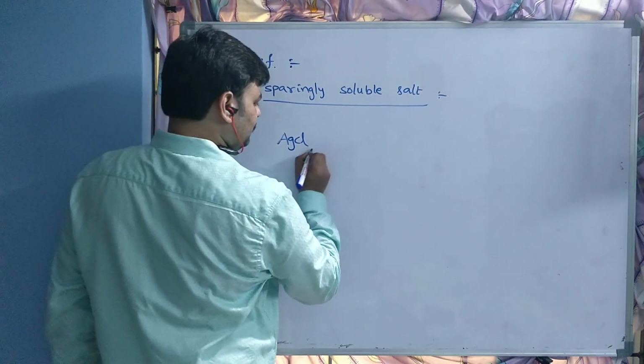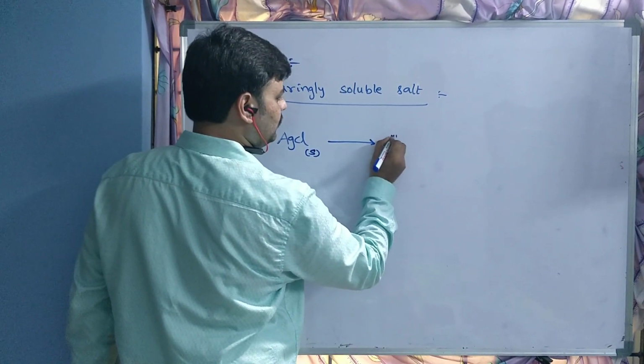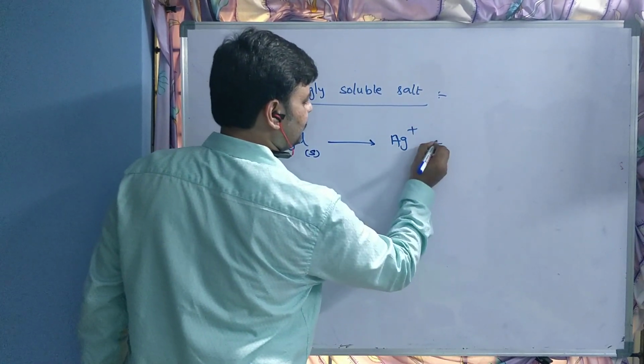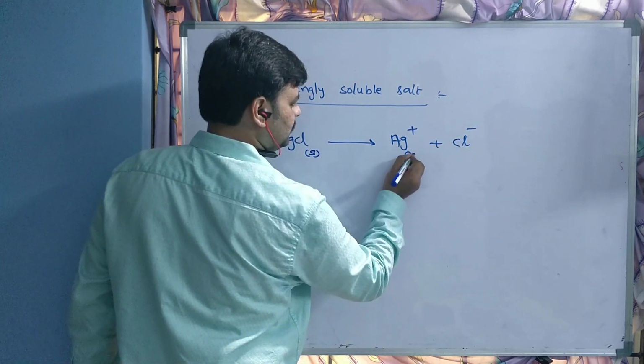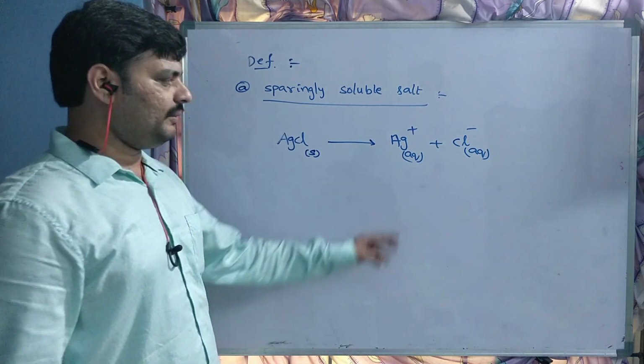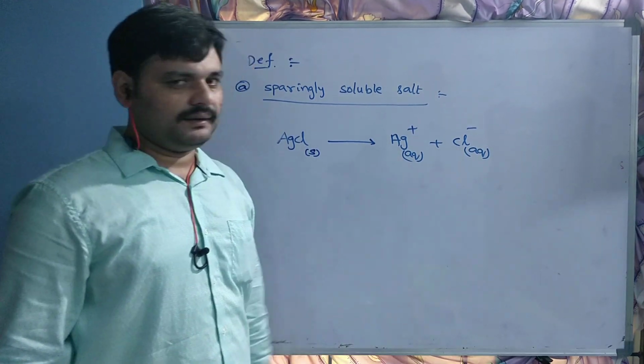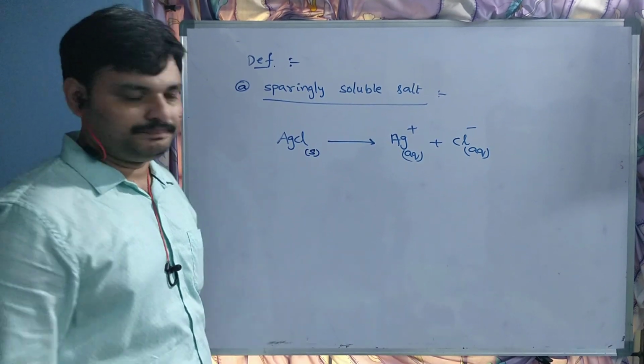So AgCl, this solid, when dissolved in water, first splits into Ag+ ion and Cl- ion in water. That's why you can represent it as aq, aqueous. So in aqueous medium, in the presence of water, it splits into Ag+ and Cl- ions.